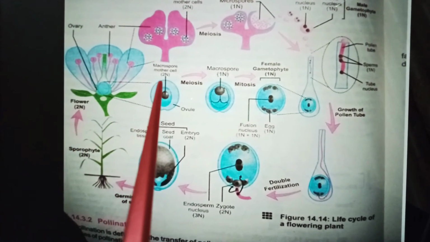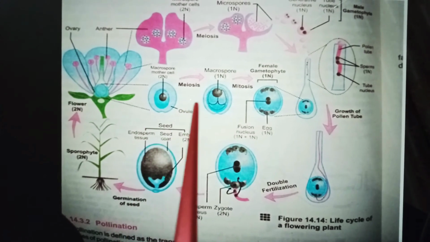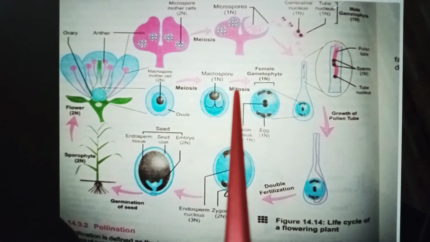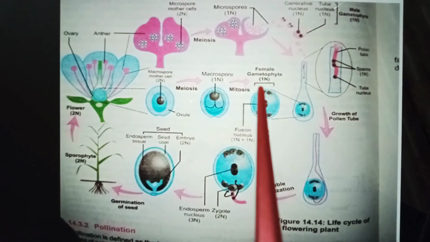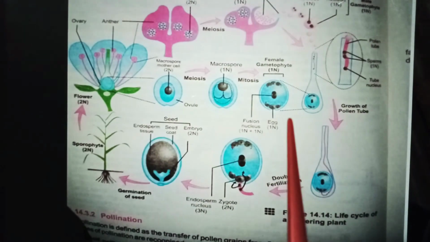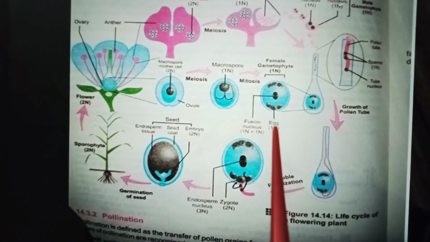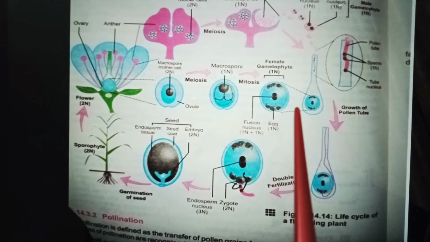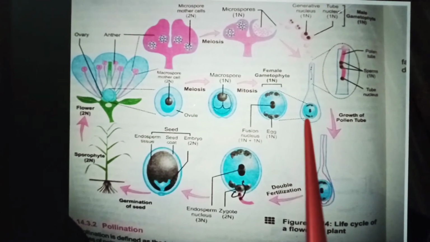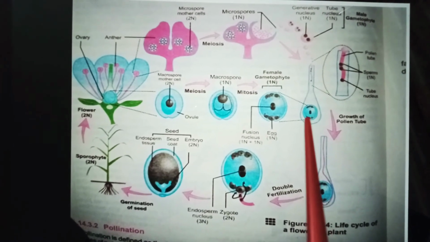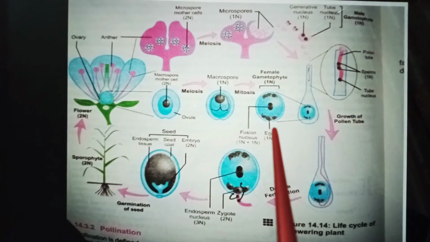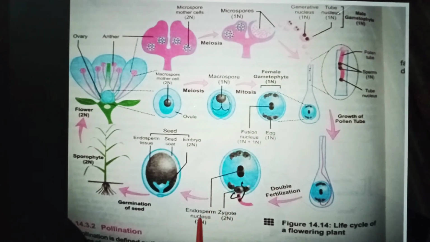Macrospore mother cells with 2N, then there would be meiosis, and spores with 1N. Then there would be mitosis, and female gametophyte has 1N. Then there would be fusion, and 1N of egg will fuse with 1N of sperm, and then it will form zygote, and fusion nucleus will produce endosperm.